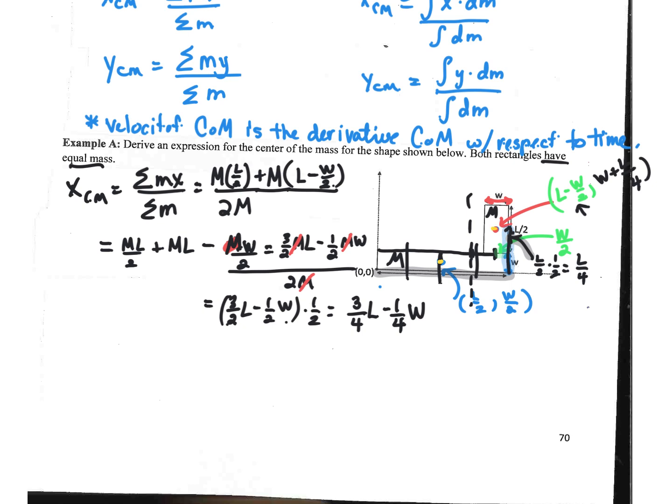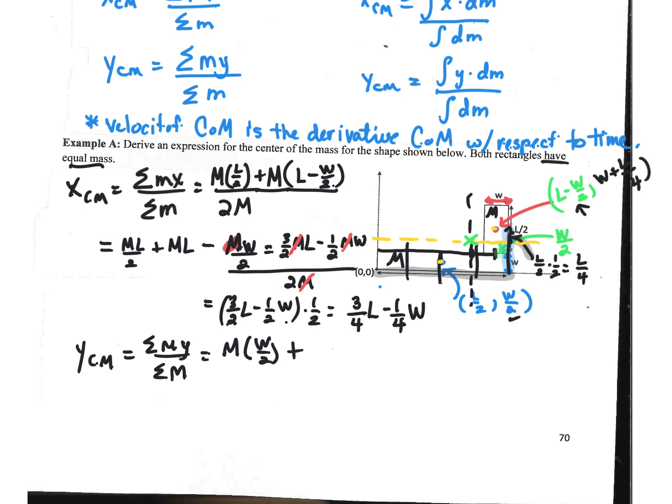So let's look and see. Let's look for the y center of mass. We're going to do the same thing: the sum of the masses times y divided by the sum of the masses. So we have big M times W over 2. That's for the first guy right here. And then we have big M times W plus L over 4, all over 2M.